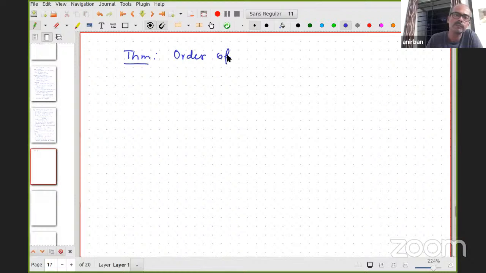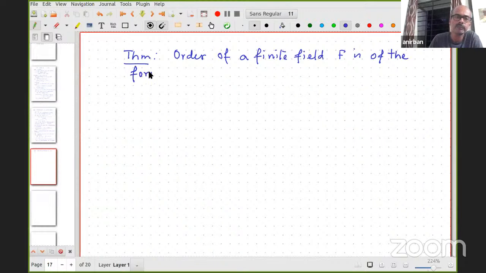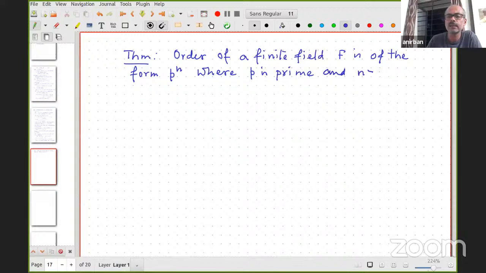The order of a finite field F is of the form p to the n, where p is a prime and n is an integer greater than or equal to 1.